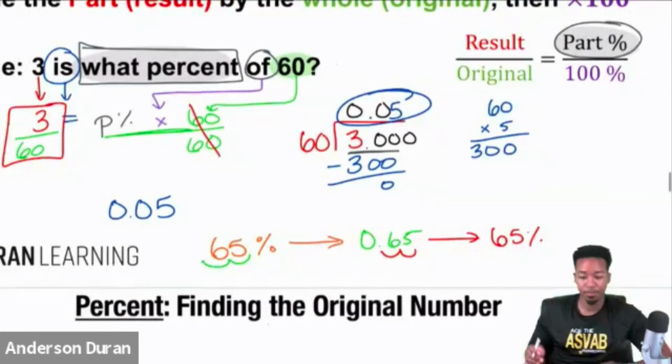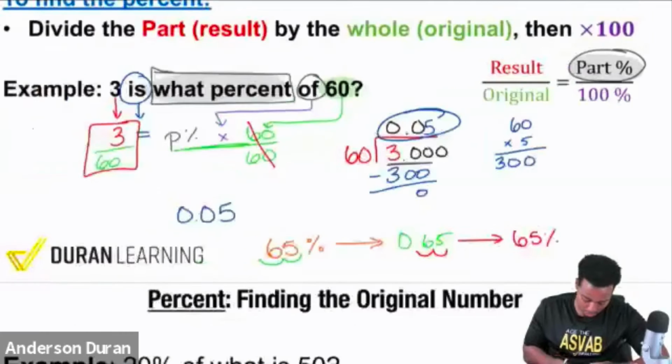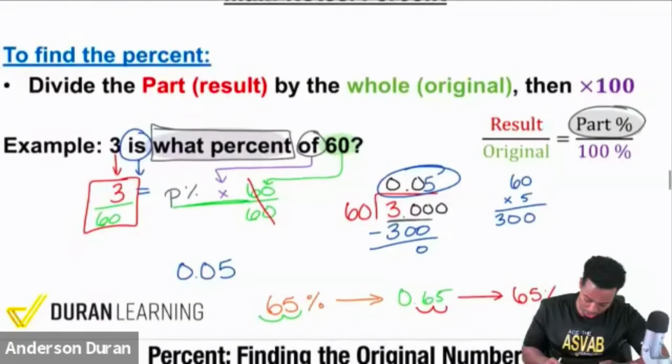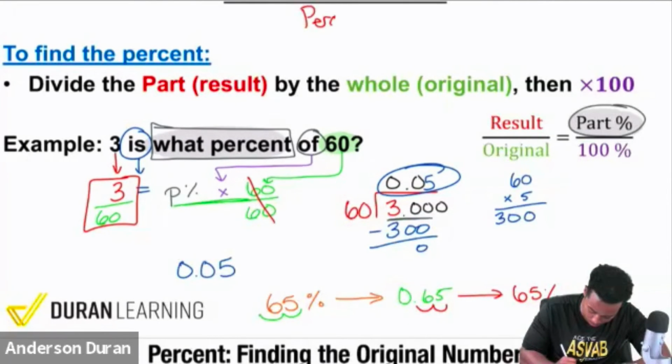Let me write this down for everybody to make sure that we have it. Percent to decimal, it's going to be 2 times to the left.